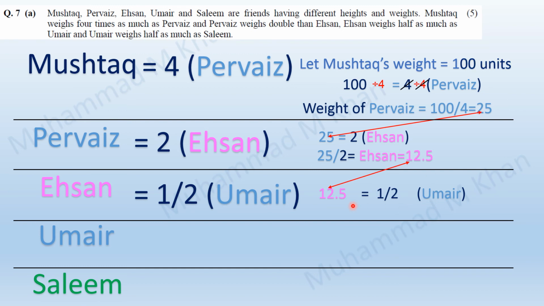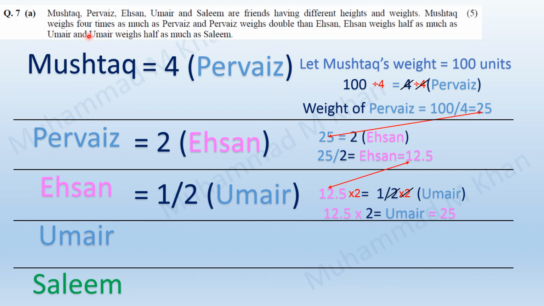If 12.5 is half the weight of Umair, then the weight of Umair will be double 12.5. Multiplying both sides by 2, the numerator and denominator cancel each other out, and 12.5 into 2 will be the weight of Umair, which is 25 units.